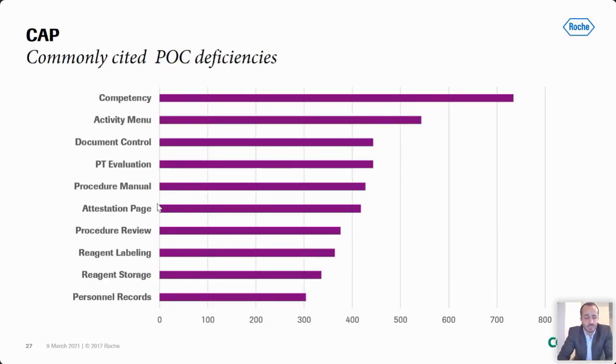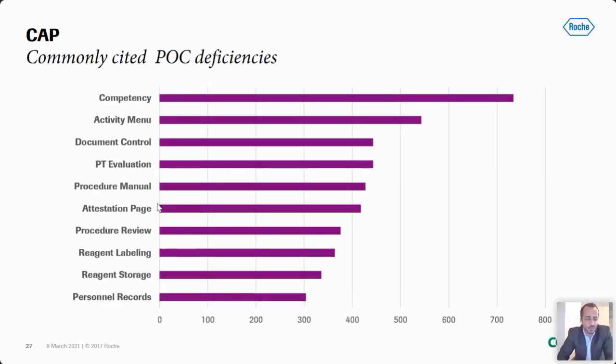Activity menu. Again, because of the nature of the point of care device, it's easy to use. You can always introduce new tests inside your hospitals based on the physicians' and the lab's requirements. However, we can't miss adding the list of tests and the activity menu inside our policies and procedures for the hospitals.